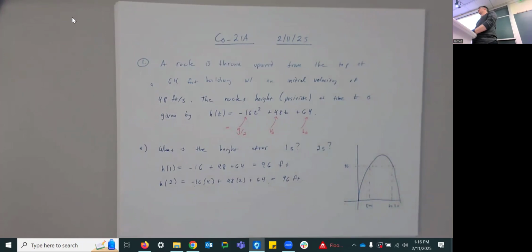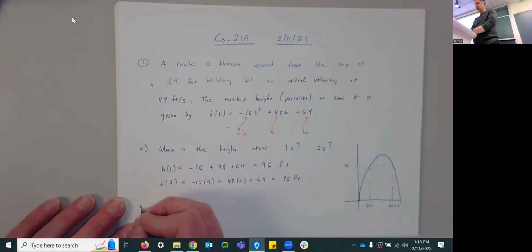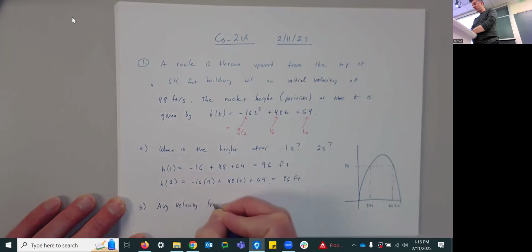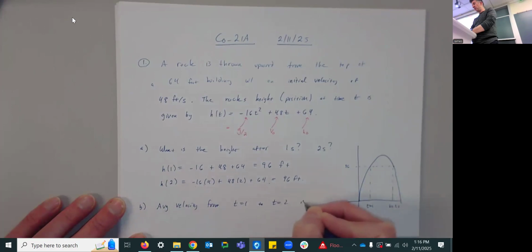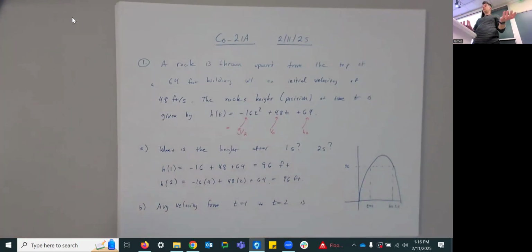It wouldn't be a very interesting question, but I'm going to ask it anyways. What's the average velocity between 1 second and 2 seconds? Well, here's the not exciting answer. The average velocity from time equals 1 to time equals 2 is the change in distance, or the displacement, which is 0 feet, because it came back to exactly where it was.